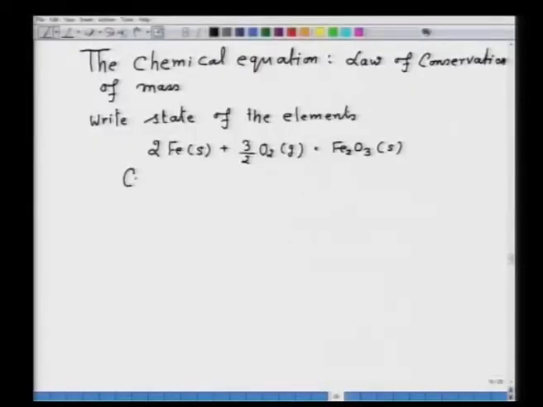Similarly, for example, if I now write Cu2S, typically the copper sulphide for production of copper, it is in the liquid state. So you write it as liquid, plus it is oxidized with oxygen, which is in the gaseous state. So you now get 2 Cu, liquid, plus SO2.